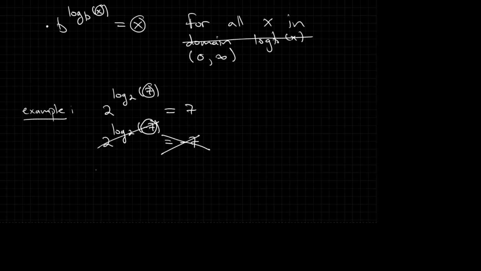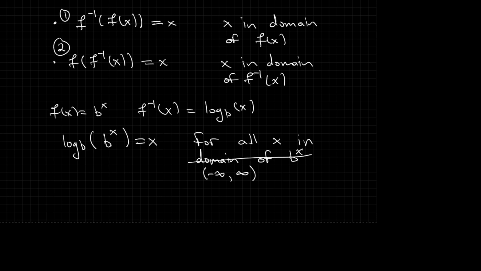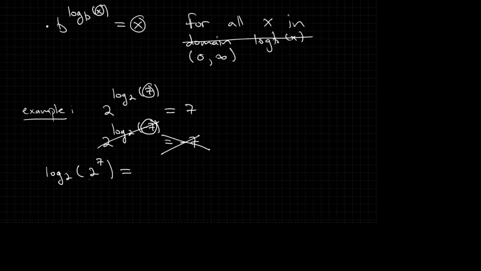We can also say things like log base 2 of 2 to the 7 is equal to, well, log base b of b to the x is going to be x. So in this case, log base 2 of 2 to the 7th is 7. Also, log base 2 of 2 to the minus 7 will be equal to minus 7.